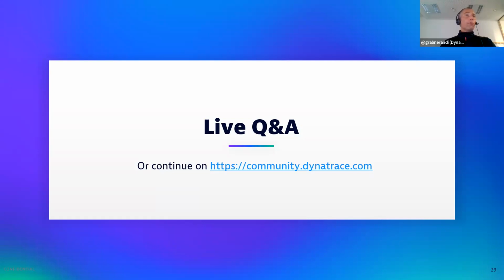The question is, what are the prerequisites to enable Grail on my SaaS tenant? I think we're rolling out the new platform on different geographical regions, and also because we run SaaS on AWS, Azure, and GCP, I think there's actually a rollout plan for exactly which regions we're rolling it out first and for which hyperscaler platform.